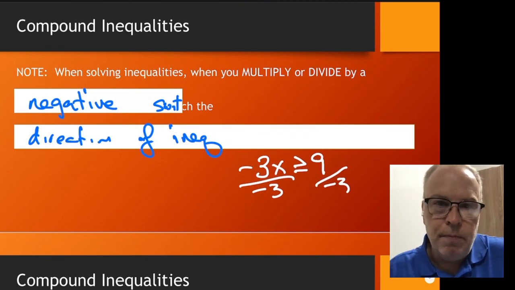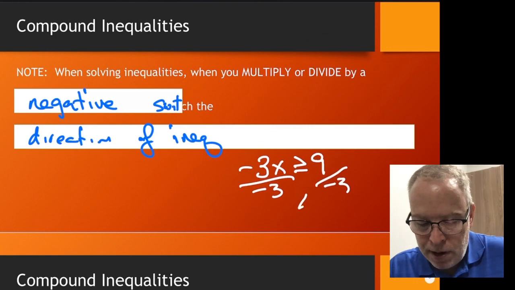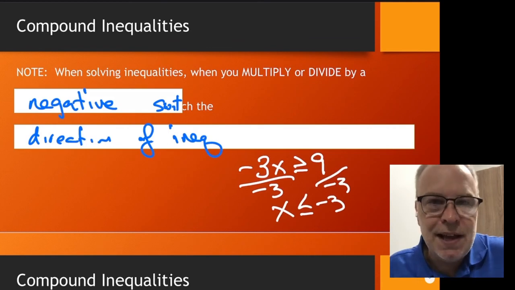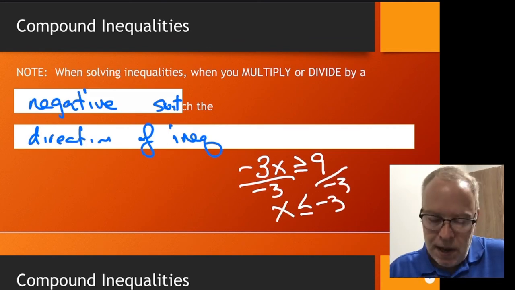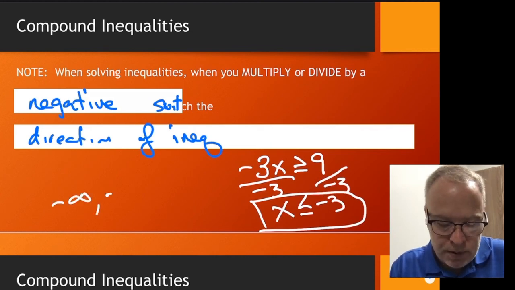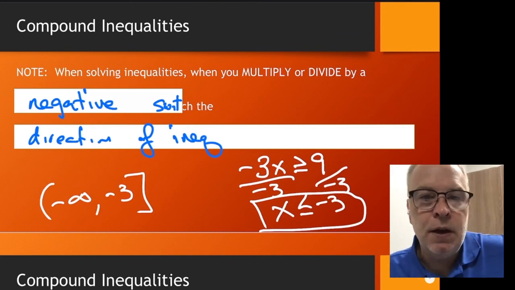So my little mathematical spidey sense tells me I better darn well switch the inequality around. 9 divided by negative 3 is that. So x is less than or equal to negative 3. And that's actually the answer here. So negative infinity all the way up to negative 3 with a bracket would be in interval notation.